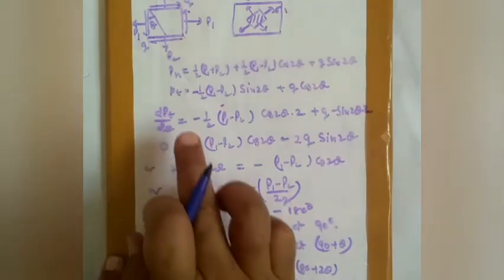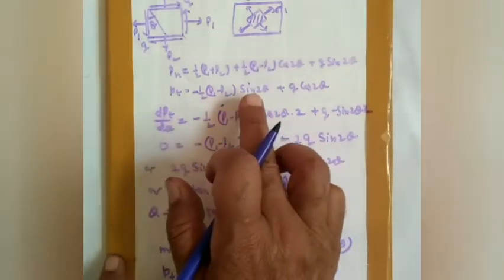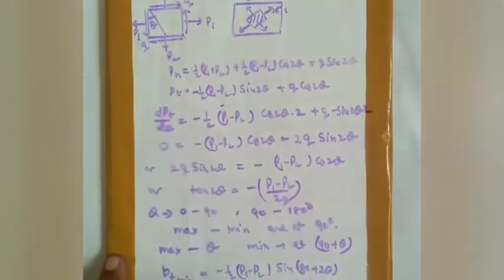So if Pt max is 1 by 2 (p1 minus p2) sine 2 theta plus q cos 2 theta, Pt min is just negative of the maximum shear stress because only sign is changing and magnitudes are same. So we can write Pt max is equal to minus Pt min.